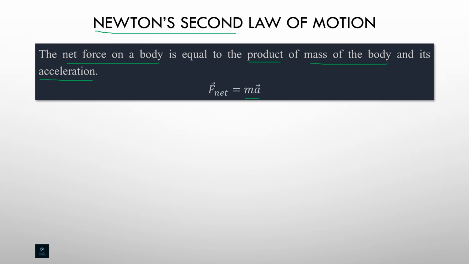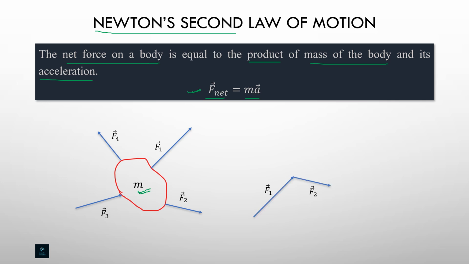Now, what do we mean by F net? F net is the resultant of all the forces that are applied on a body. Suppose that we have a body of mass m and there are multiple forces applied on this body. So on this body we have four forces applied, that is F1, F2, F3 and F4. To obtain F net, we perform vector addition of all these forces like this.